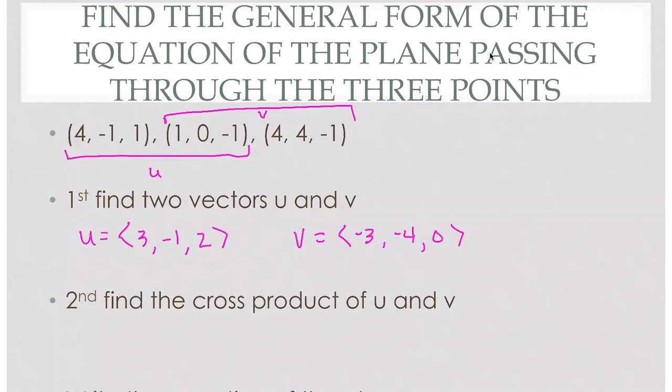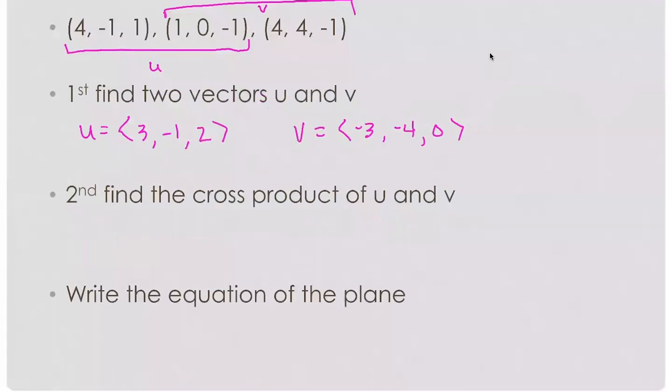The second step then is to find the cross product of those 2 vectors, which is going back to our last lesson. So to find u cross v, we are doing the determinant. Remember, we do i, j, k. Then we write the vectors underneath: 3, negative 1, 2, and then negative 3, negative 4, 0.